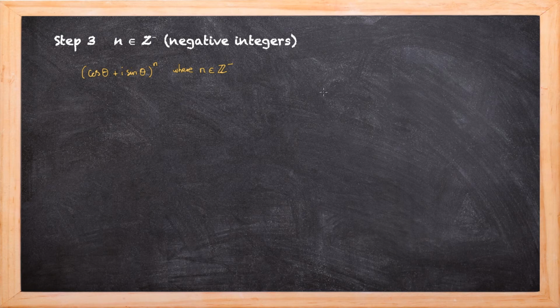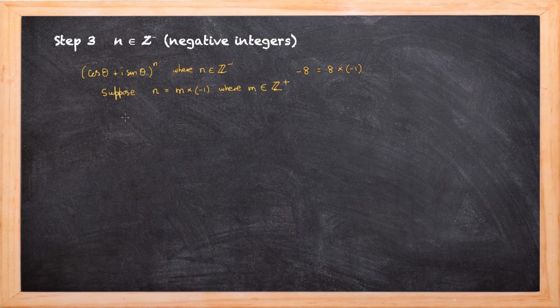Now it's true that if you have, for instance, let's take negative 8, we can always write a negative integer as a positive integer times negative 1. So in this case, let's take n, a negative integer, and write it as m times negative 1. And the important fact is that m is now a positive integer.